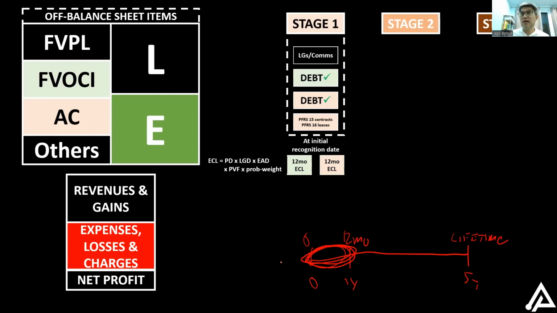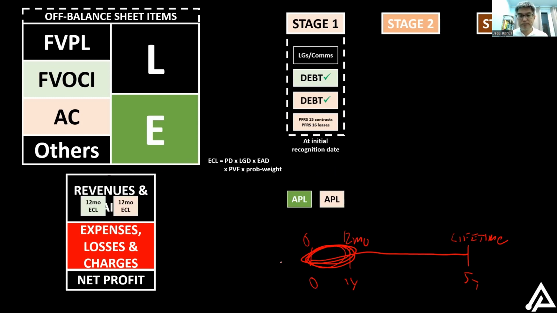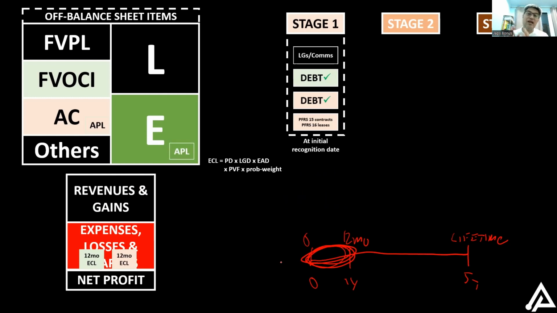Kasi the probability, the likelihood of these assets actually suffering from credit losses is low. However, pag nag-provide ka against the P&L, yung allowance against amortized cost ECL is a contra asset. Yung allowance for probable loss for FVOCI is an equity charge or equity credit. Bakit?